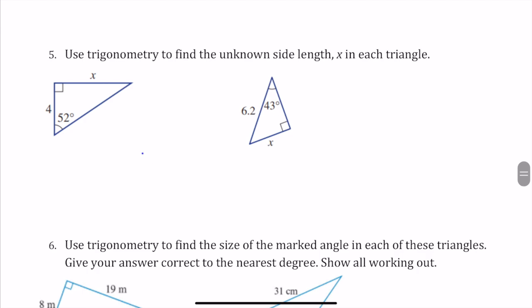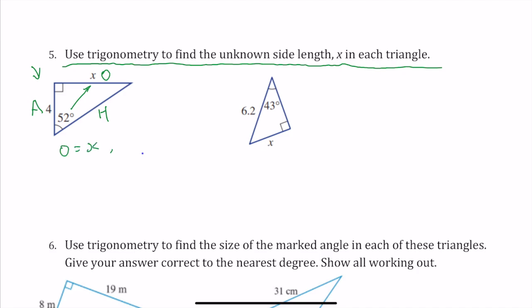Number 5. Use trigonometry to find the unknown side lengths x in each triangle. The first one, you're going to label first. So this is opposite, hypotenuse, and adjacent. The second step, you're going to substitute them. O equals x, A equals 4, theta equals 42 degrees.